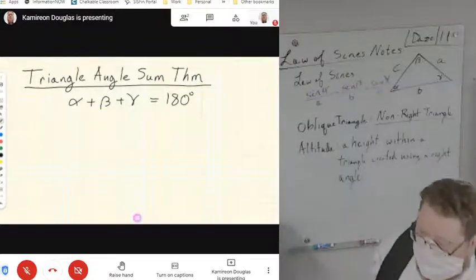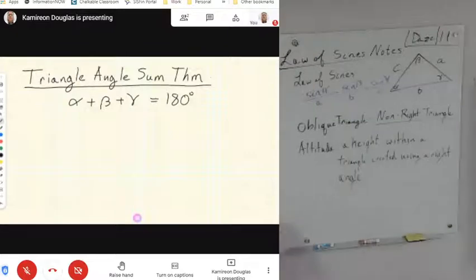The triangle angle sum theorem. We'll use this a fair bit today because while the law of sines can find specific values, it also doesn't have to be used every time. I can instead use this formula to find a missing angle. So the triangle angle sum theorem, a beautiful one to help us out today. Make sure you have that for your notes if you don't remember it yourself.